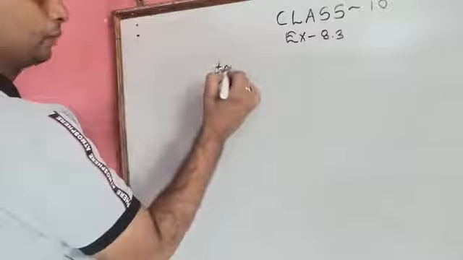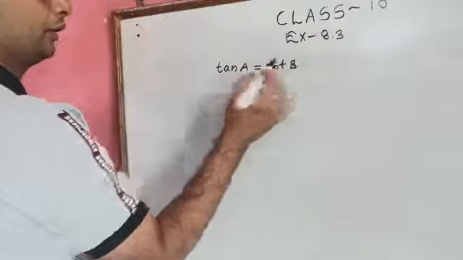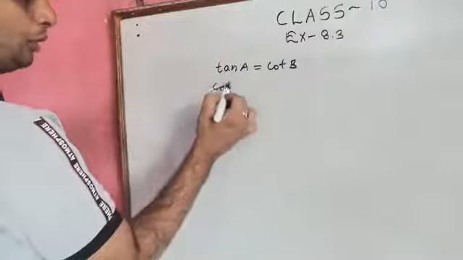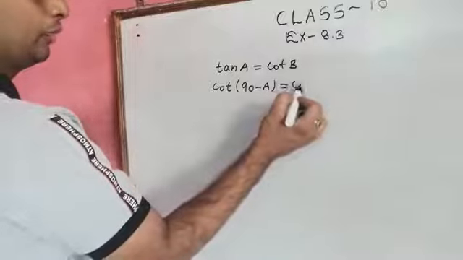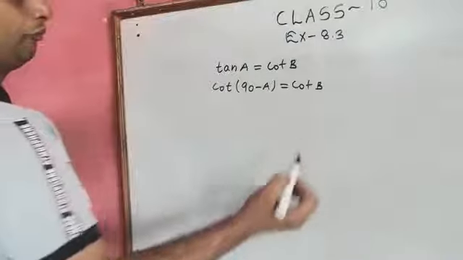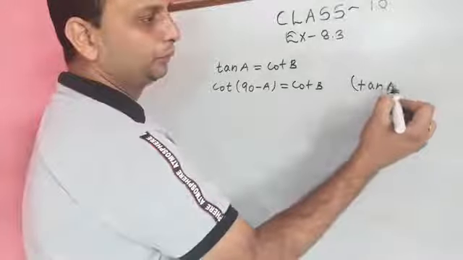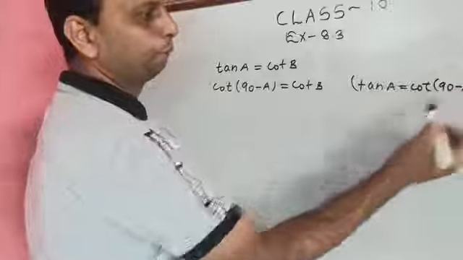Tan A equal to cot B. So here any value can change. I am changing it to cot (90 minus angle A) equal to cot B by using the relation tan A equal to cot (90 minus angle A).